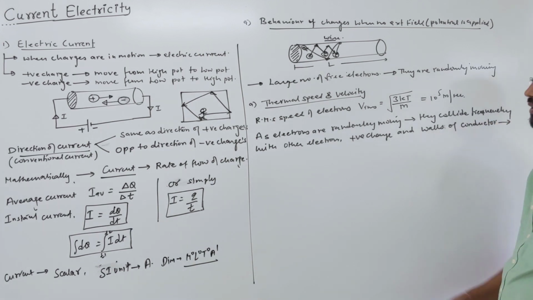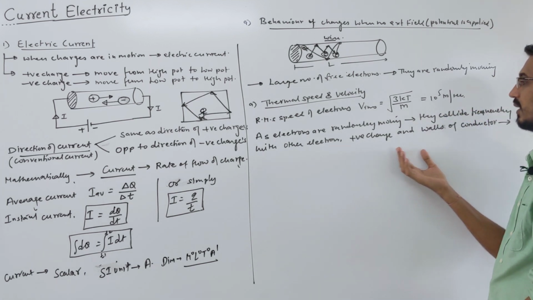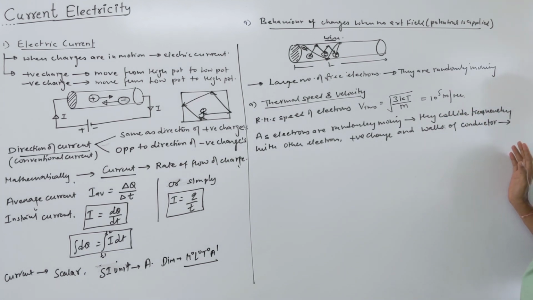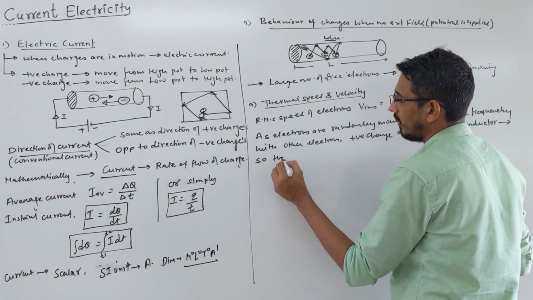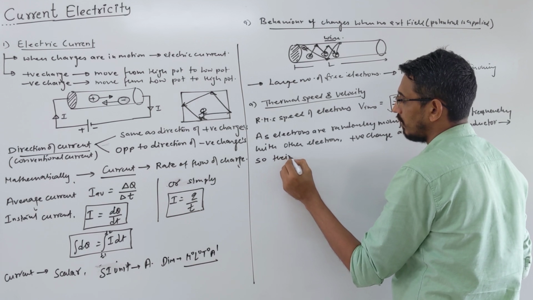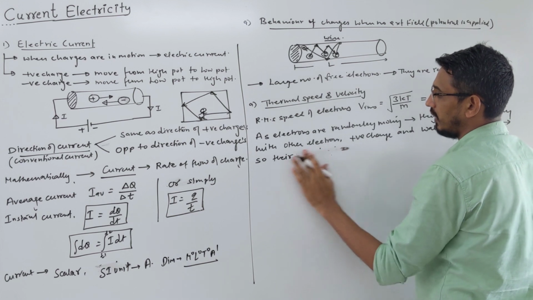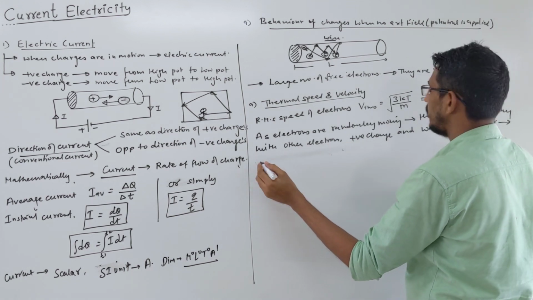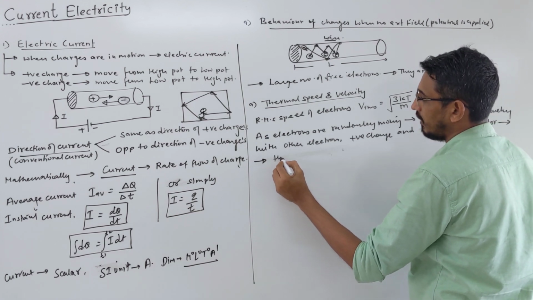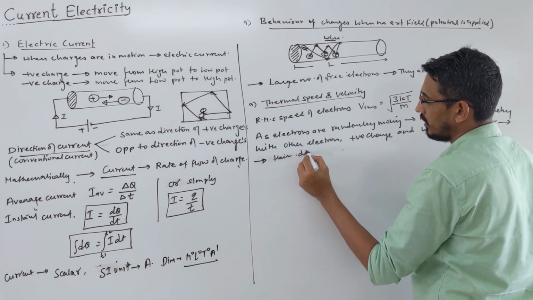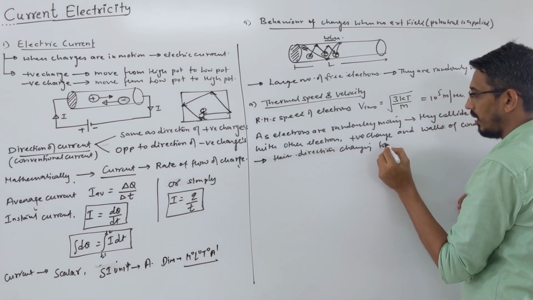Due to this, what's happening? Electrons are randomly moving, so they are colliding frequently with the other electrons, positive charges and walls of the conductor, so their net displacement... Their directions are changing frequently.